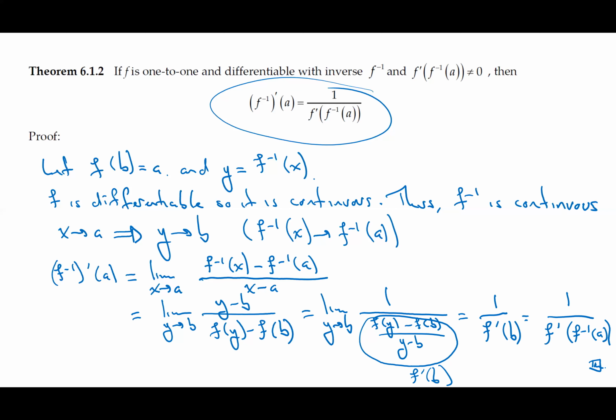So what are the big logical signposts here? Well, here at this point, I'm just using the definition of the derivative, right? The limit definition of the derivative at a particular value of x. And then I'm manipulating what those values are, right? I've established some relationships and some notation up here, and I'm manipulating that.